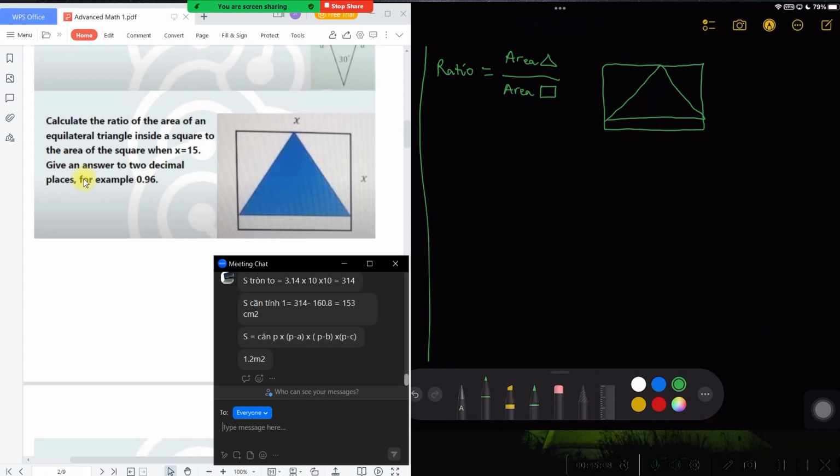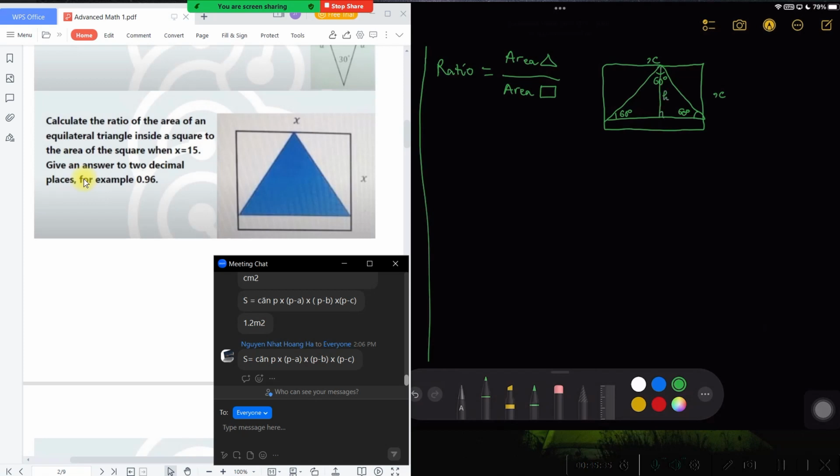So we know that this is 60, another 60 degree, and we have this one is x, one also is x. Cạnh của tam giác cũng bằng x luôn ạ. Đúng rồi, cạnh tam giác bằng x. Yeah. Interesting. Yes.